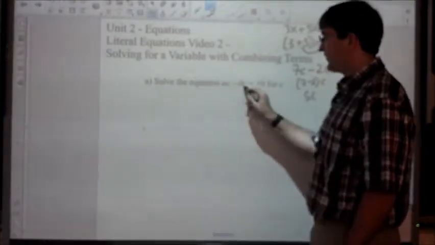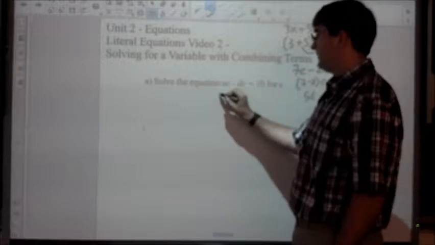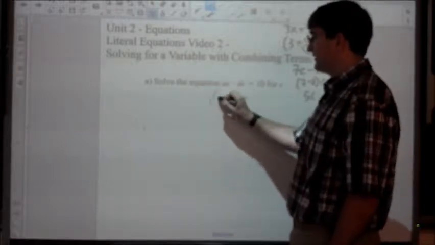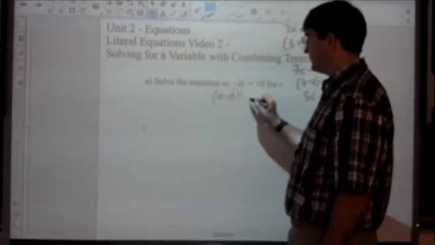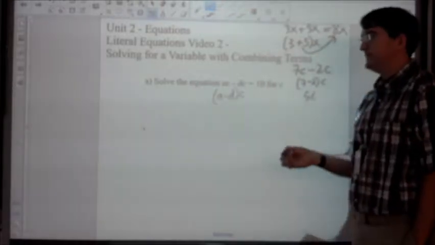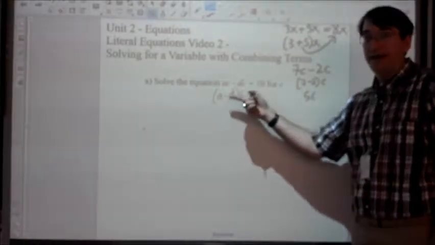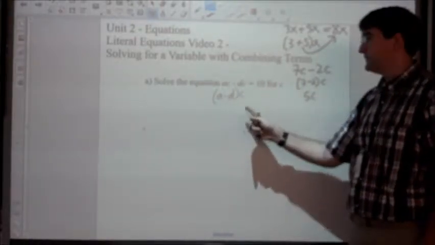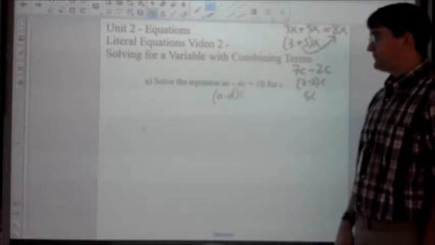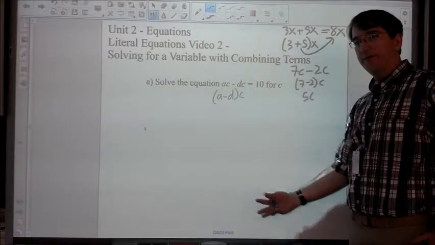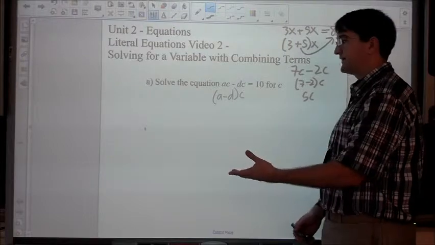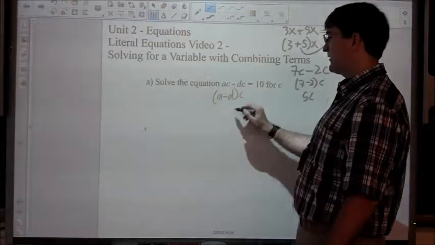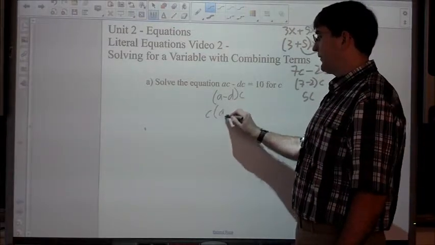So that's what I can do here. I can get this so that there's only one C by writing the subtraction that I would do. If I have AC minus DC, that's the same thing as saying A minus D, in parentheses, times C. To use the vocabulary from the previous video, this is also like factoring. It doesn't matter if you write the C on the right or on the left.